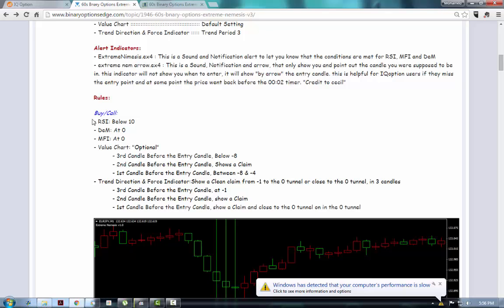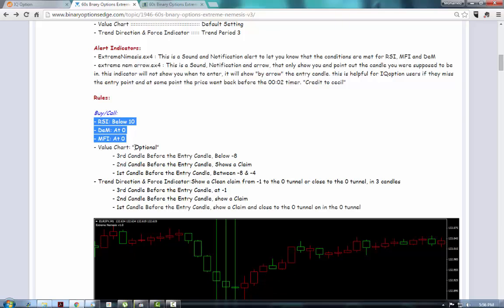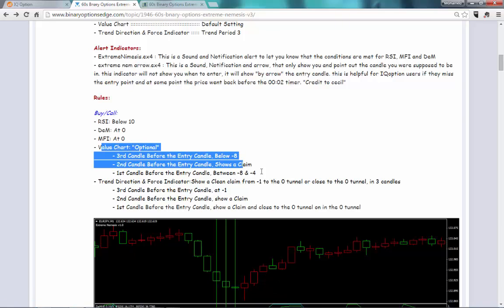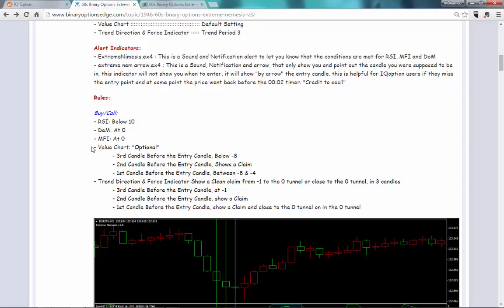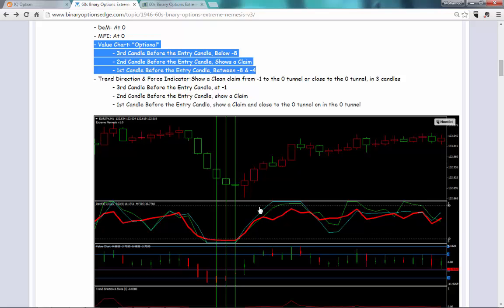Okay, so now we have for call, same three basic ones, same three, the base of it. The value chart, it's really hard to find a signal with the value chart, but even if you find one, it's a pretty damn good signal.